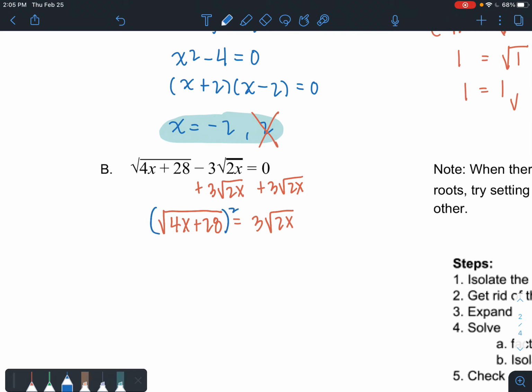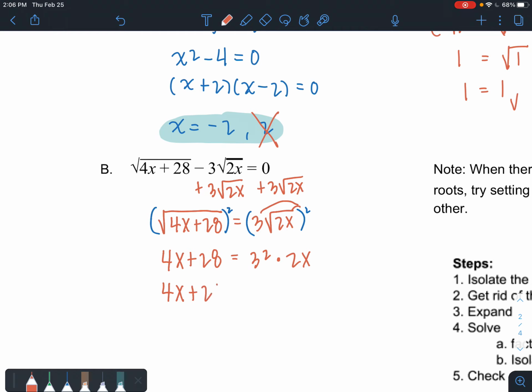So I can square both sides and get rid of both radicals without much fuss. On this one I have just 4x plus 28. On this one, I have to take that 2 through. So this ends up being 3 squared times 2x.